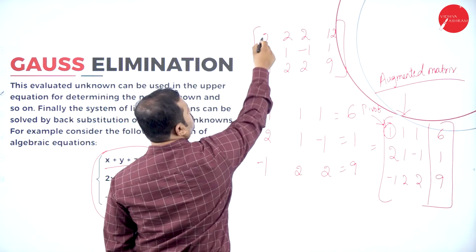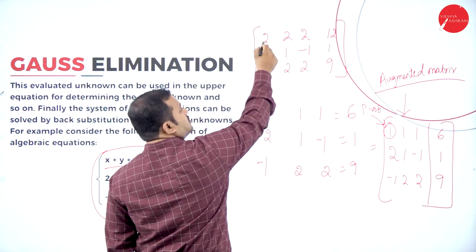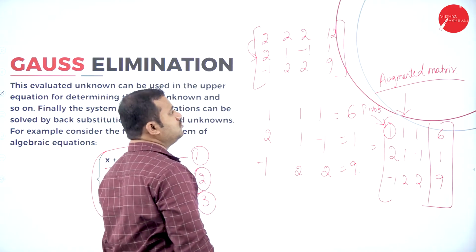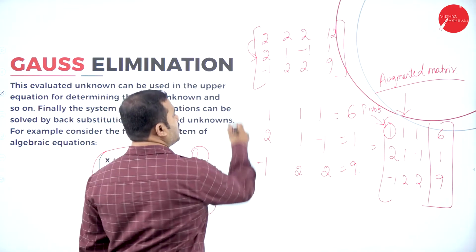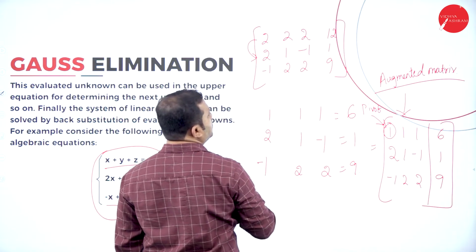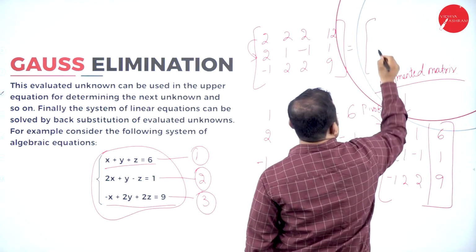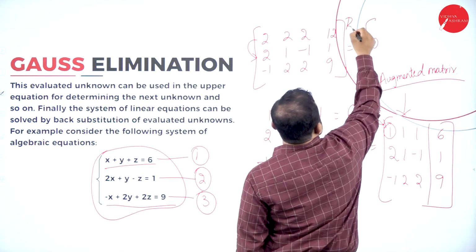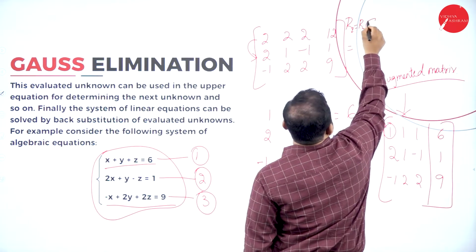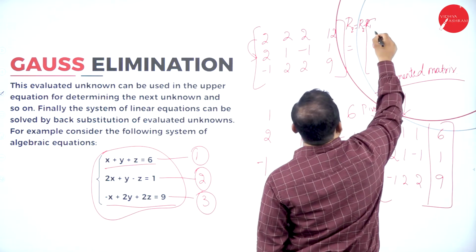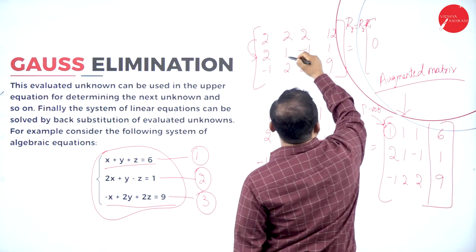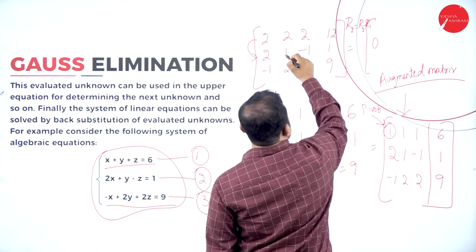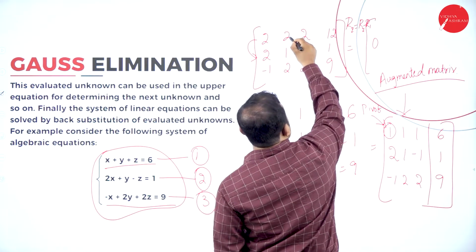Now I have these two terms the same, so I will subtract row 1 from row 2. If that is the case, what happens? 2 minus 2 turns out to be 0 here. That is R2 equals R2 minus R1. 2 minus 1 turns out to be minus 1 here.